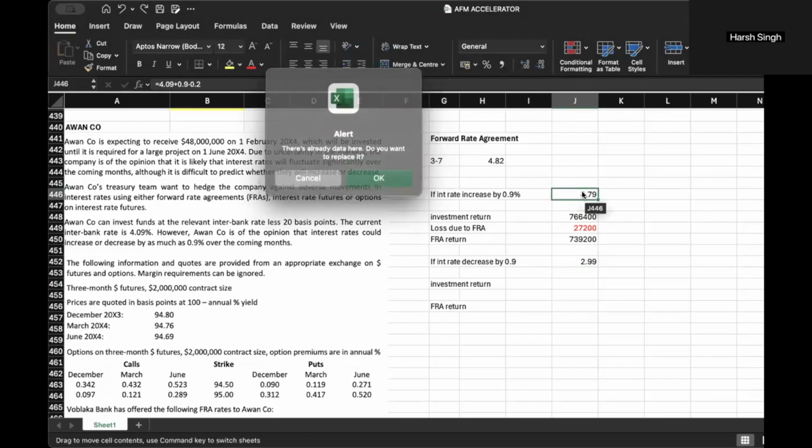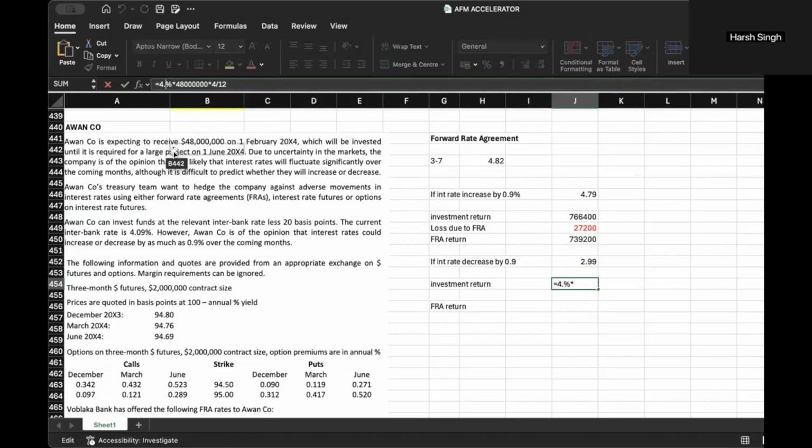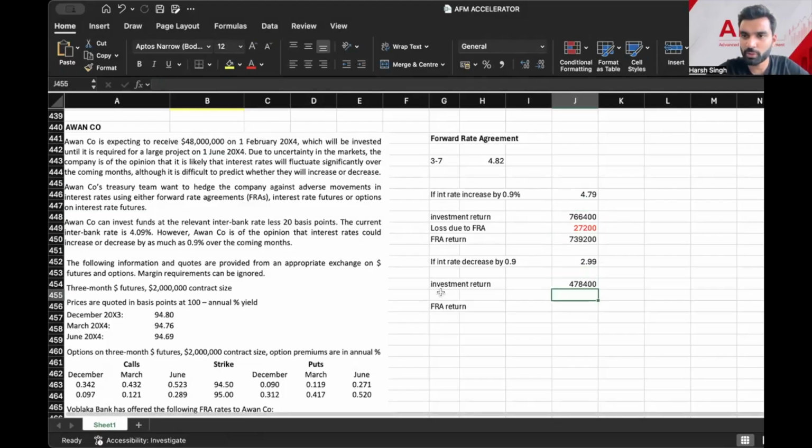Over here, I was using 4.79 in the calculation, so I'll copy it, paste it over here, and this will become 2.99 only. Now the FRA return, how much will it be? The FRA return won't change, right? It will be the same.